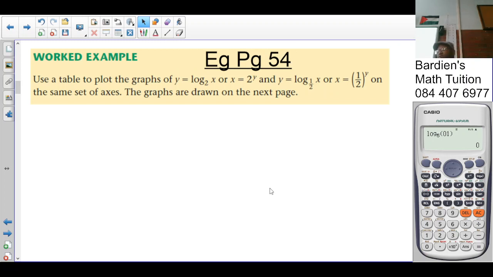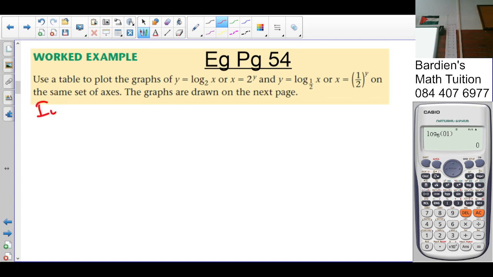When I do the plotting of this graph, you don't have to do it this way, but if you want to memorize all the rules, then you can. For me, it's just easier to draw the inverse function.